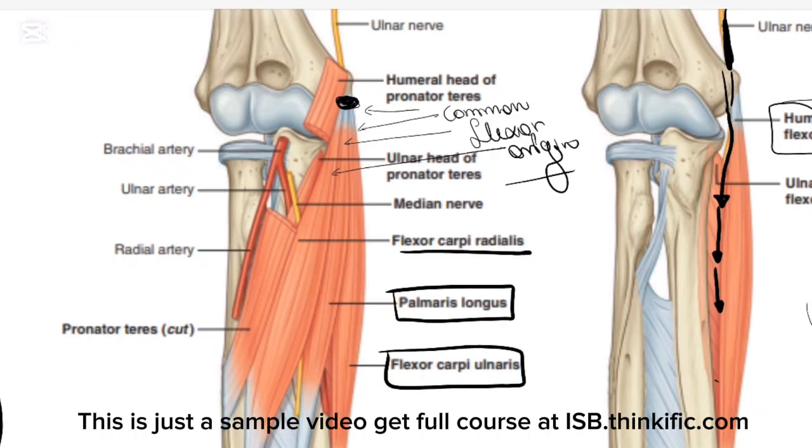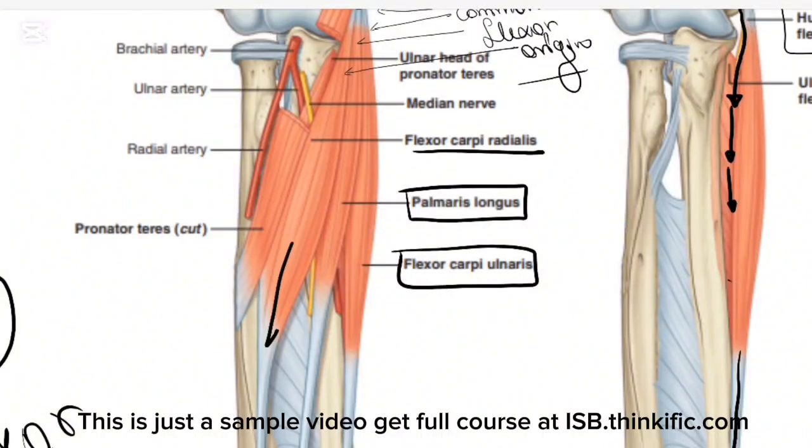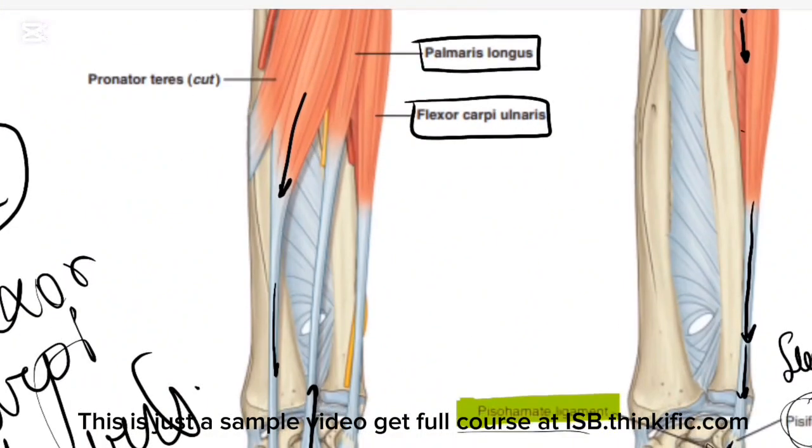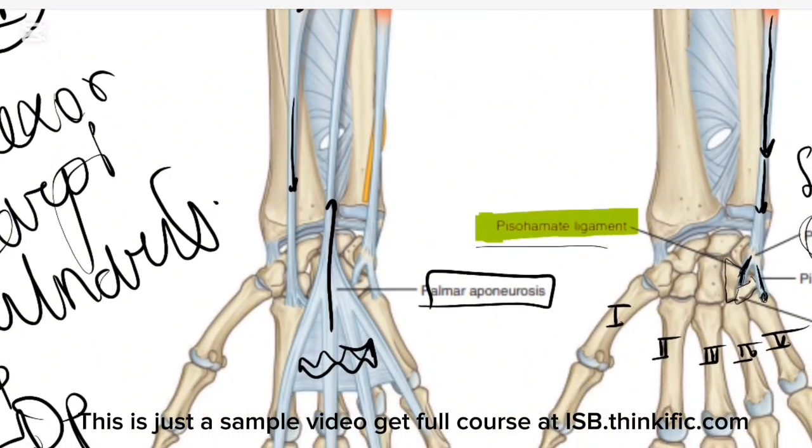The flexor carpi radialis moves distally as a long tendon and inserts at the bases of the second and third metacarpals. So this is first, second, third is hidden under here, but it's attaching to the second and third at the bases, right, of the second and third metacarpal bones. It is also supplied by the median nerve, of course.